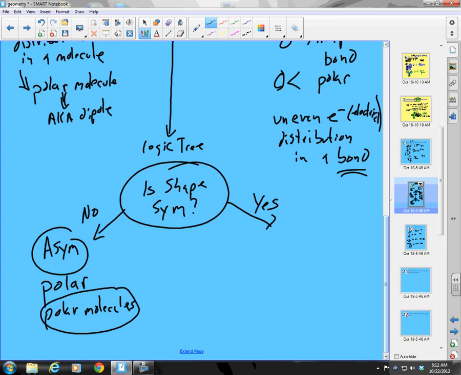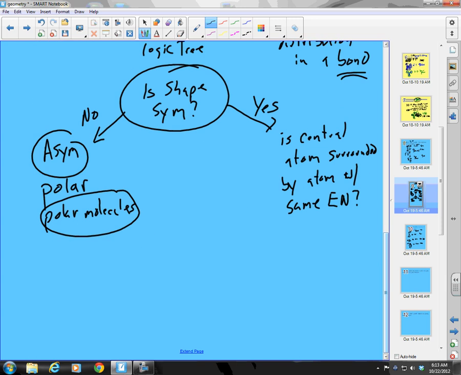Here it is: is the central atom surrounded by atoms with the same electronegativity? And what that for us means most of the time is, do we have the same atom surrounding my central atom.